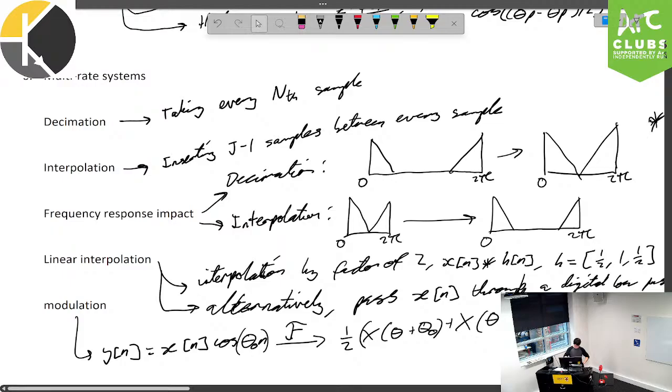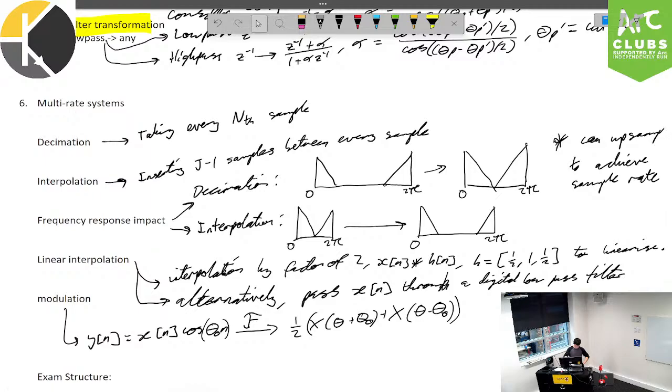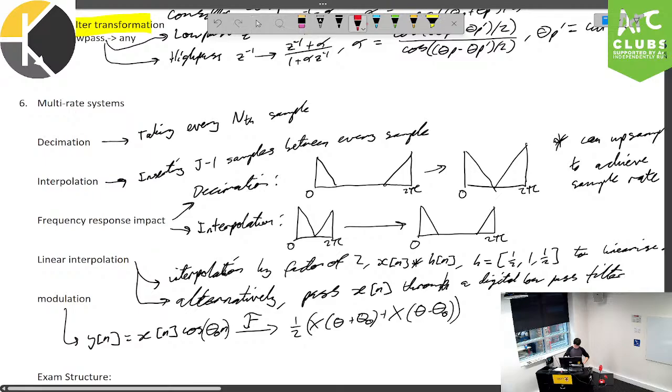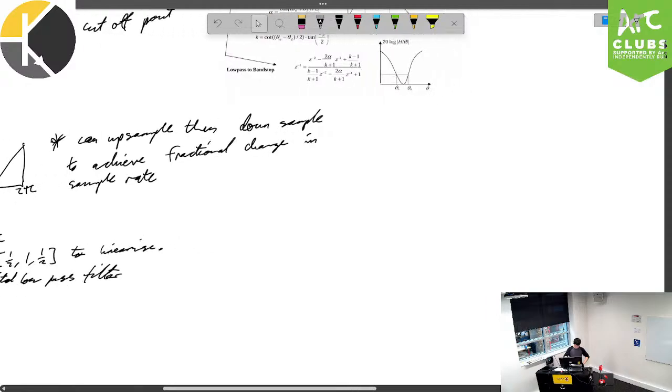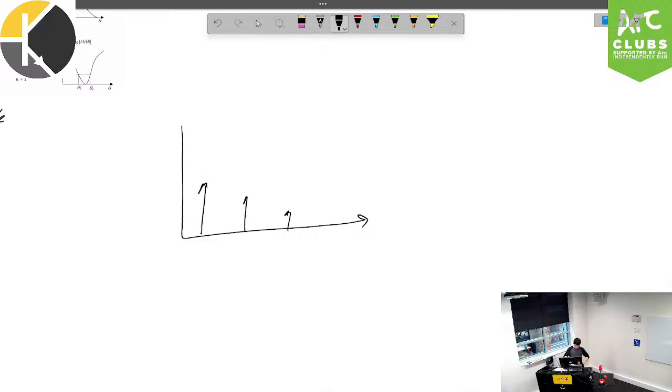All right, so chapter 6, we're dealing with multi-rate systems. Multi-rate systems, we are entirely talking about the instances where we may potentially be working with, okay, I have system 1, it samples at, let's say, 5 hertz.